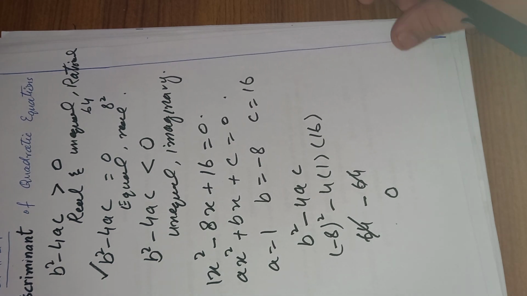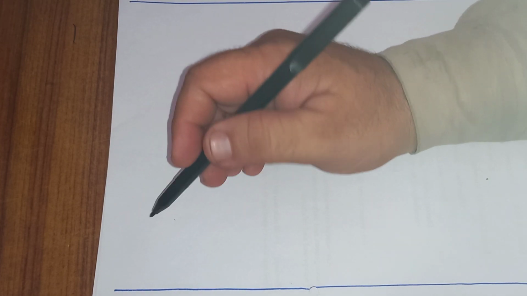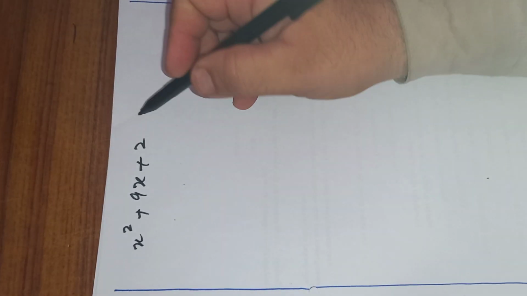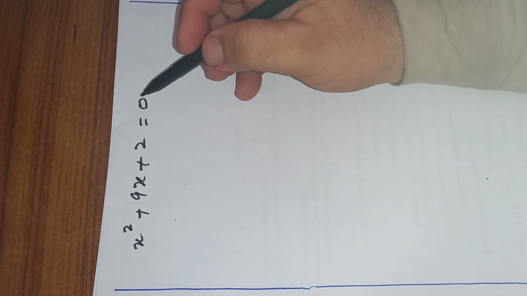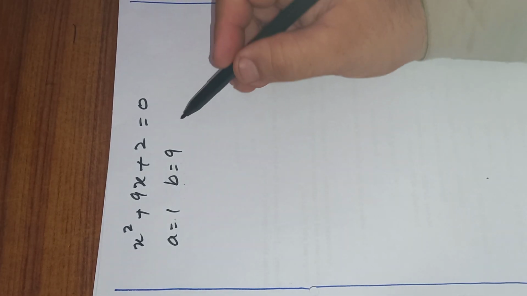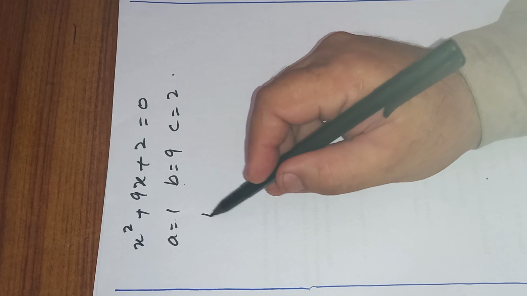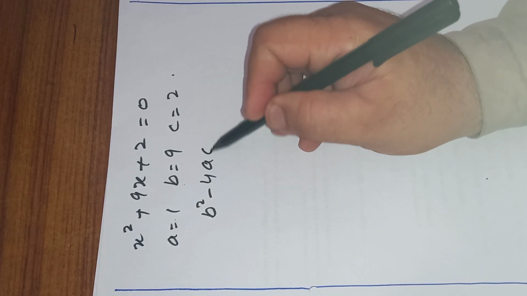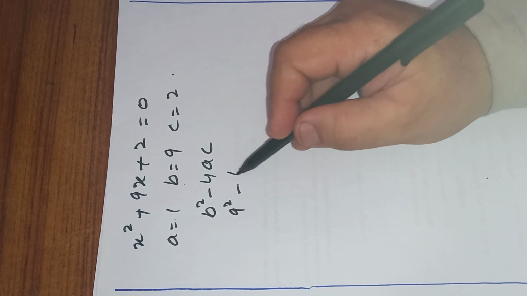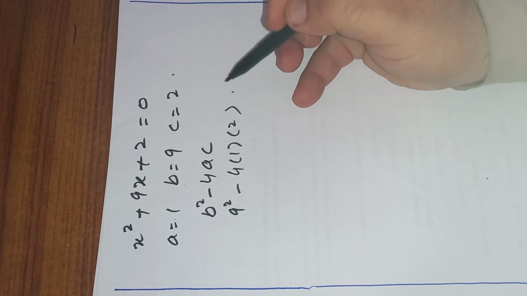So it is the middle case where the roots are equal and real. In the next case, we have the equation x square plus 9x plus 2 equal to 0, and here a is 1, b is 9, c is 2, and the discriminant is b square minus 4ac. Now when we insert the values, 9 square minus 4 into 1 into c is 2.